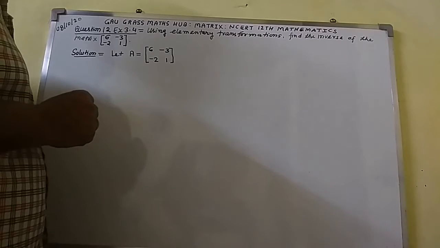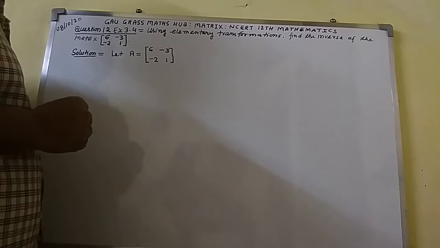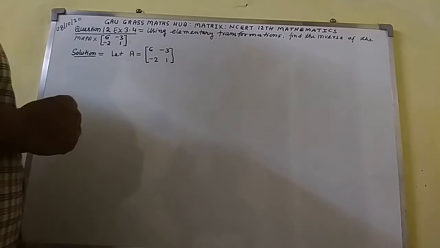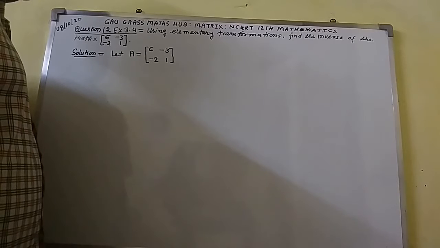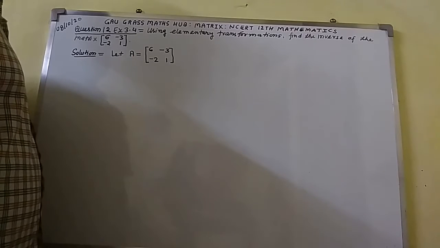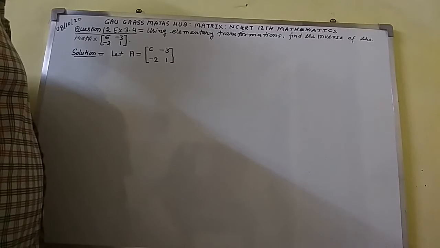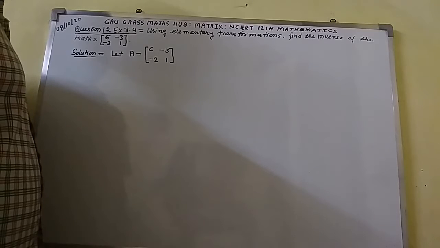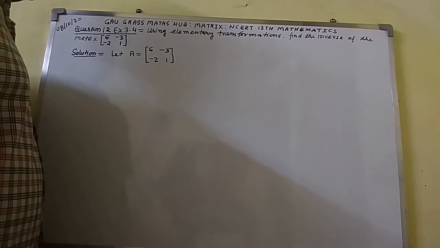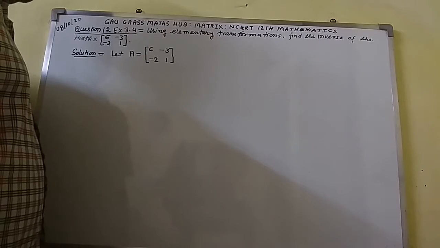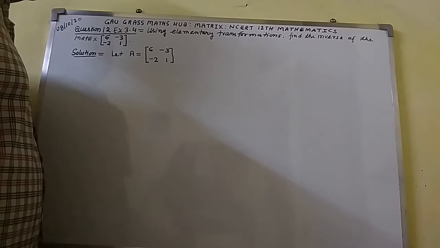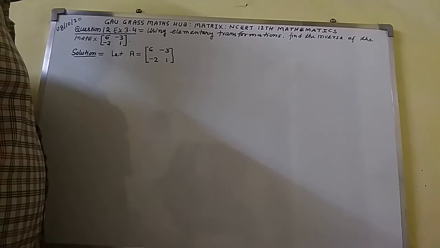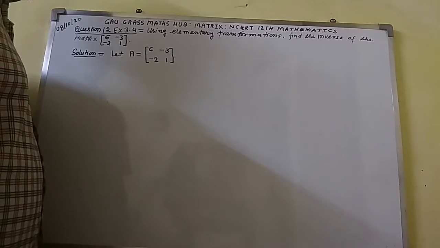We shall not use elementary column operations at all, because by using elementary row operations, getting A inverse will become easier than applying elementary column operations.